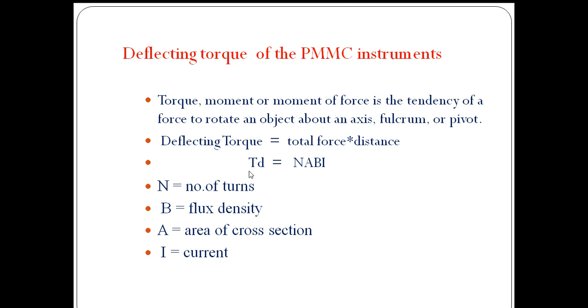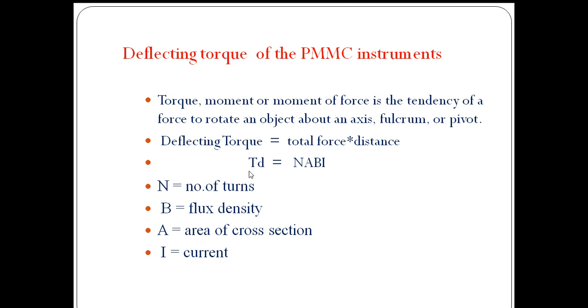So width will be W, then L into W will be the area, and we are assuming the coil has N turns. Then the total deflecting torque will be given as N into BIA, that is NABI.